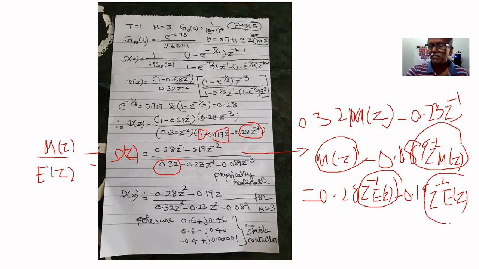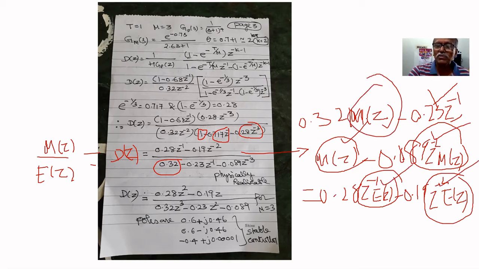What is the meaning of z power minus 2 E of z? Error delayed by 2 sampling periods. So all are available data. Old controller output available, old error available. That's why M of z can be calculated. Divide on both sides by 0.32, you can calculate M of z. Therefore, it is physically realizable.